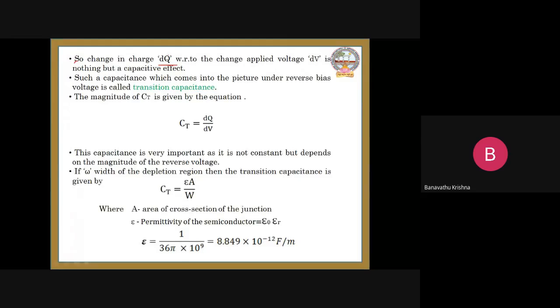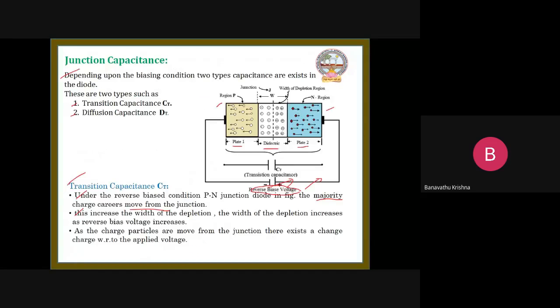Here q is nothing but the charge carrier; we can represent it with the charge. So the change in charge with respect to the applied voltage, that is dV, which is nothing but change in voltage. As I told you in this slide, initially we are applying an input voltage, the DC supply voltage, external voltage of 0 volts. Then it slowly varies, nothing but change in voltage.